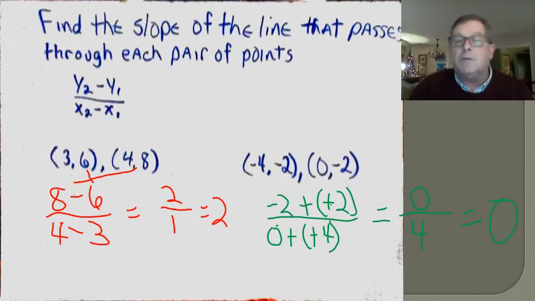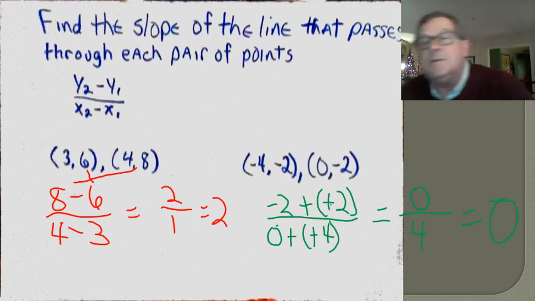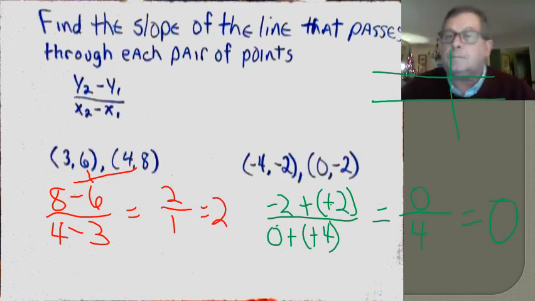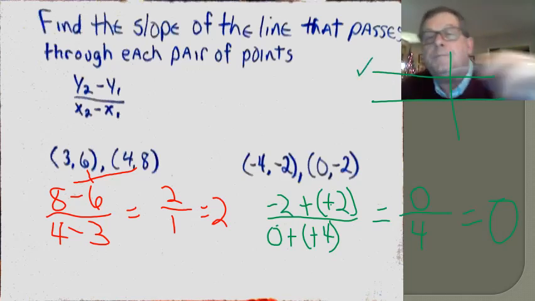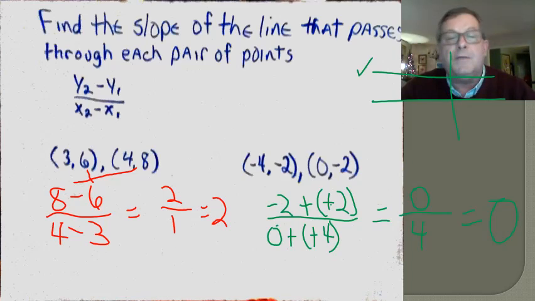That has 0 slope, which means that's a horizontal line. So if I see that on a graph, that line right here is going to have 0 slope. Not hard. Just got to keep them in order: x and y, number 1 coordinate, number 2 coordinate, y2 minus y1 over x2 minus x1.